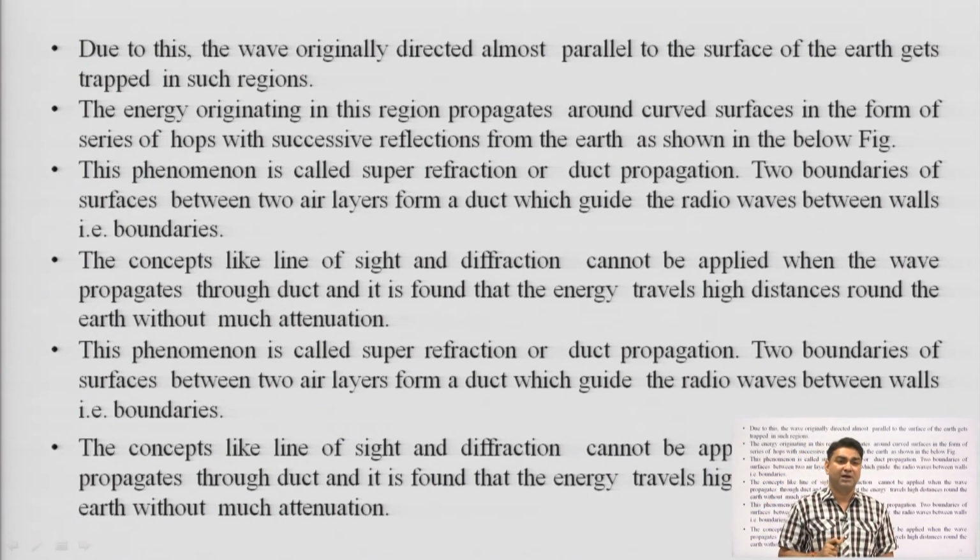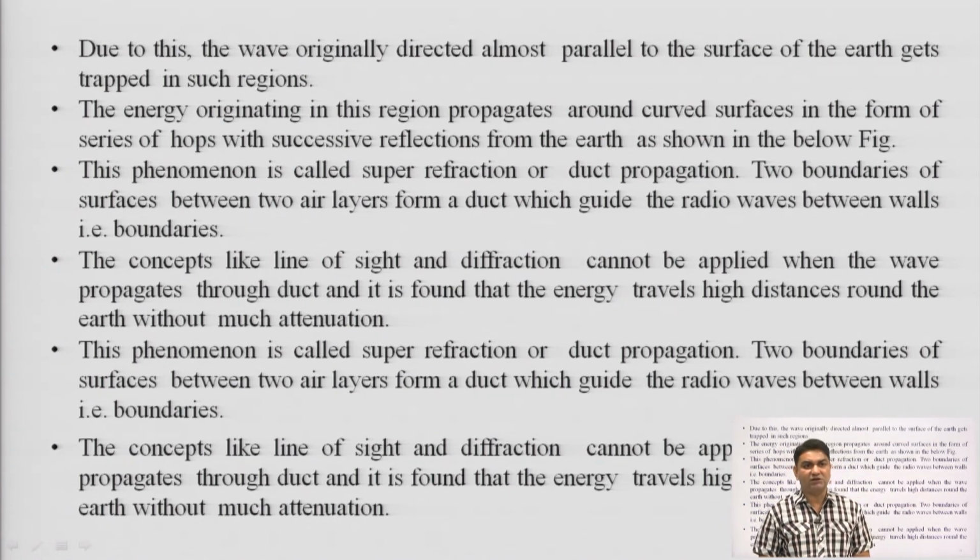But in some areas, it happens abruptly that the temperature increases as the height increases. In those particular areas, the temperature inversion layer is formed, and because of the formation of this inversion layer, the duct propagation is happening.